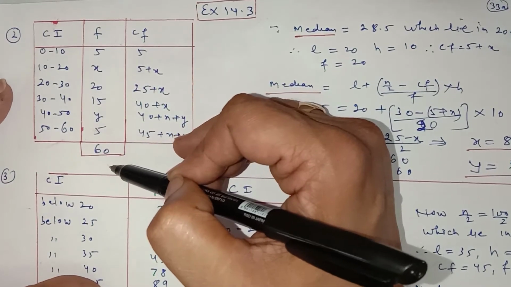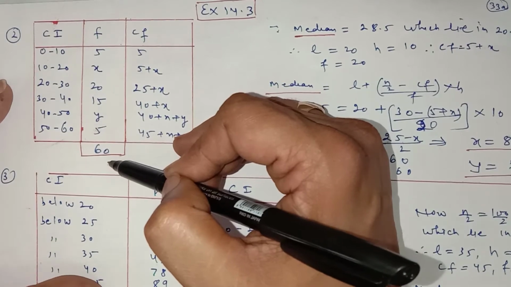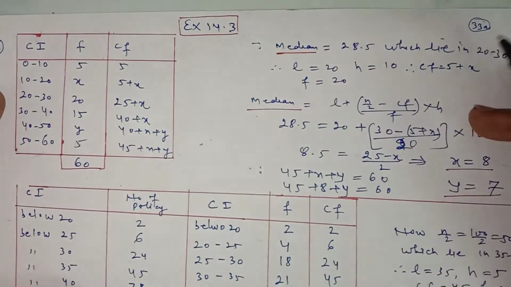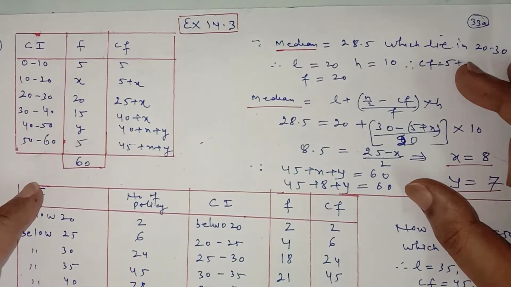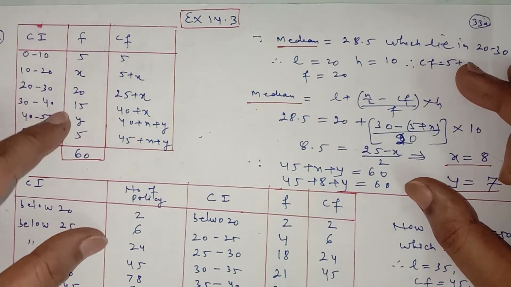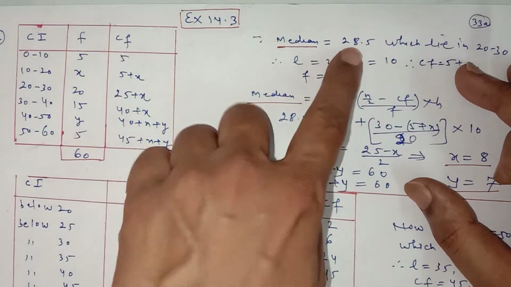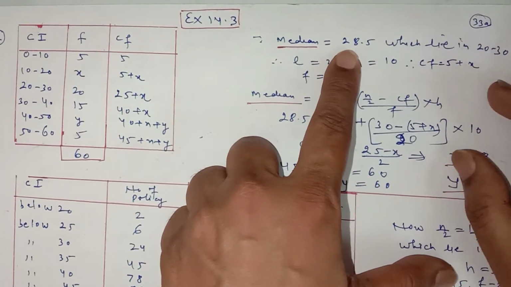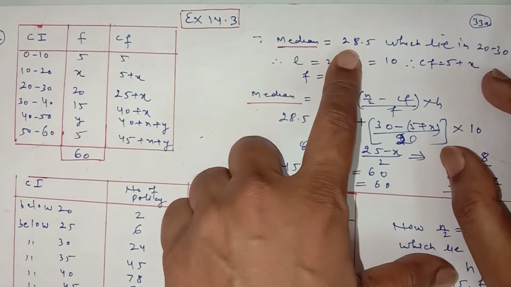You can read this from your book. The median of this data is given as 28.5, so you have to find the two unknown frequencies.